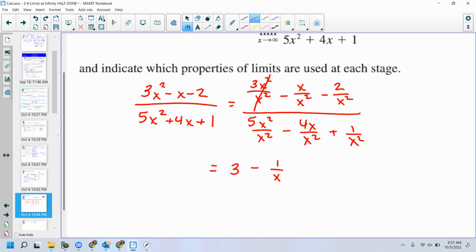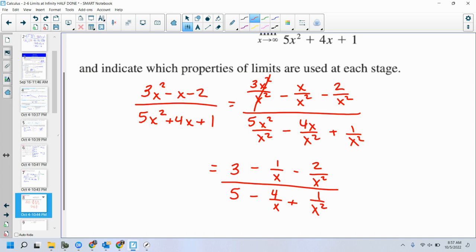X over x squared is 1 over x. Well, nothing cancels here. 5x squared over x squared is just 5. 4x over x squared is just 4 over x. And 1 over x squared is just 1 over x squared.